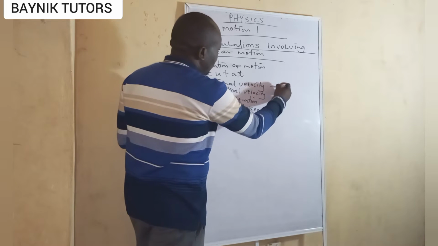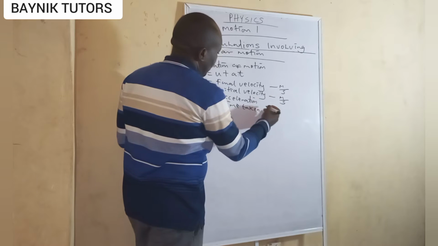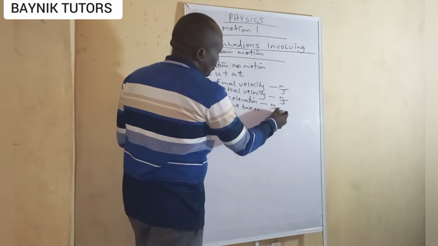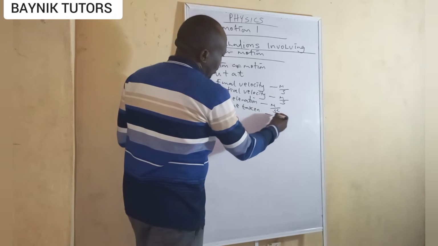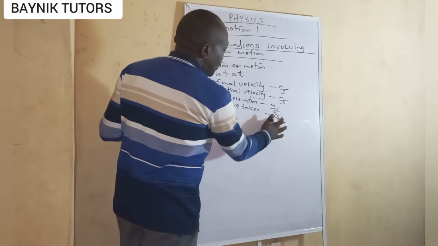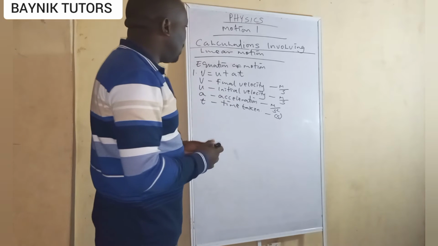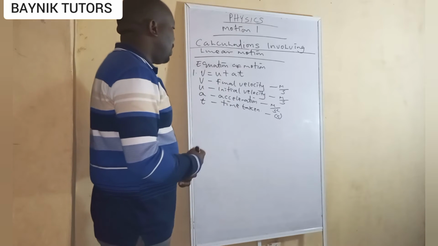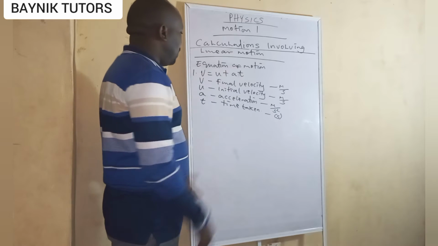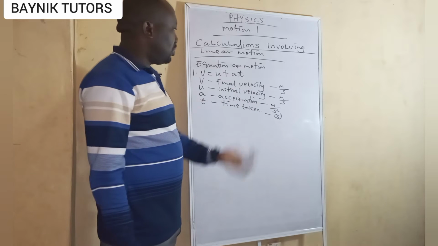The unit of v is meter per second. The unit of u is also meter per second. The unit of a is meter per second square, while t is in seconds. So we have the final velocity, initial velocity, acceleration, then t, the time taken.